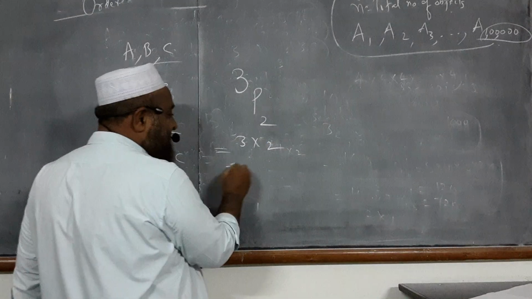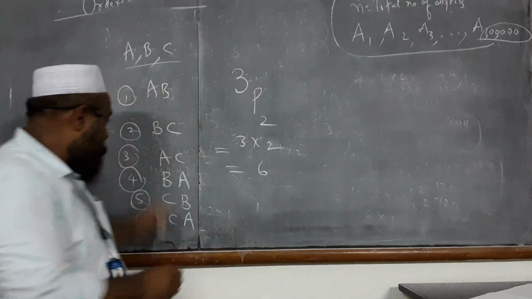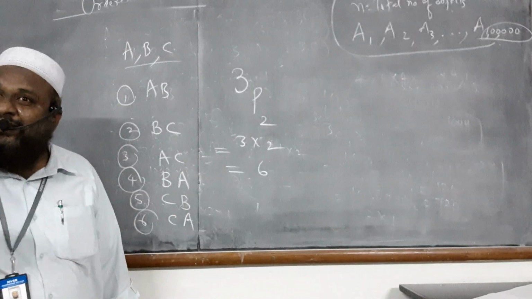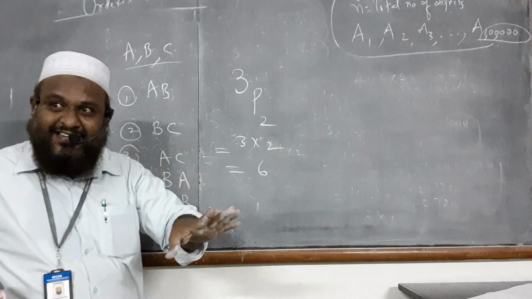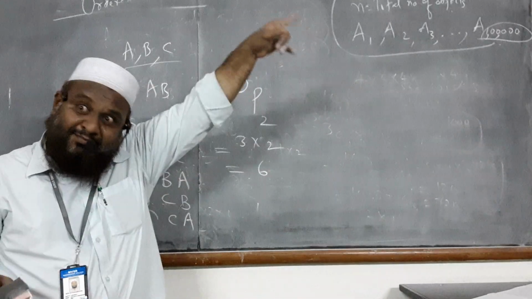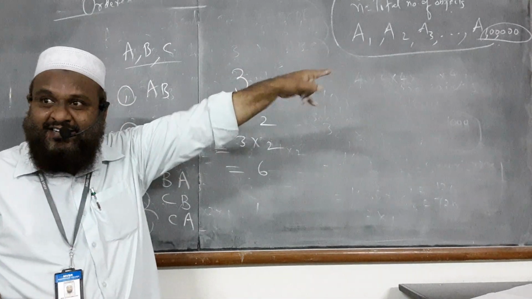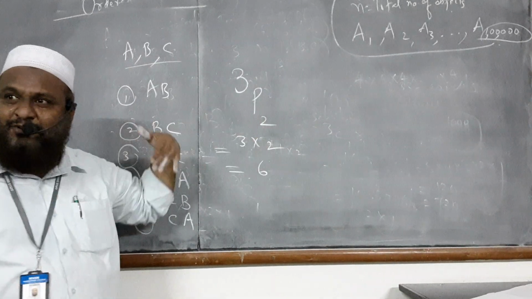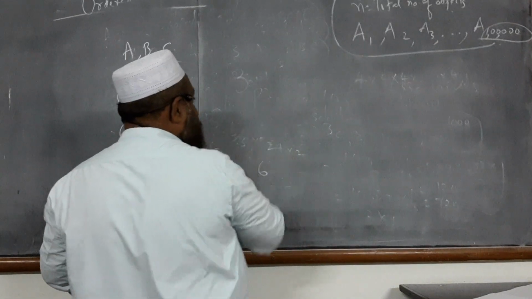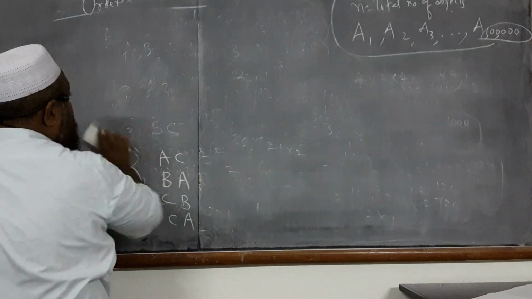So it's how much now? 6. That 6 is this 6. So there is no shortcut here, 3 minus 2, something like that. If it is 100P98, you have to write 98 factors from 100 going down, so you leave out the last 2, means 3 onwards up to 100. So there is no shortcut in these permutations, keep in mind.